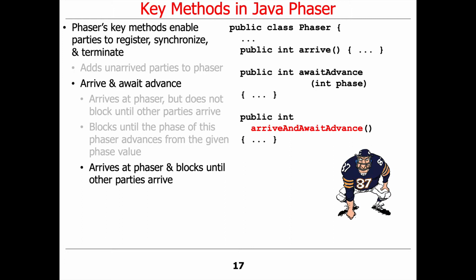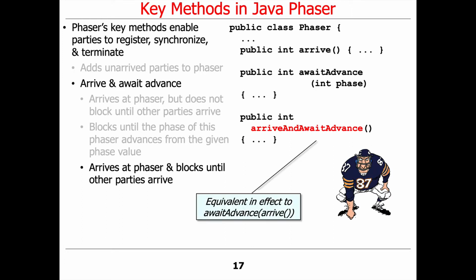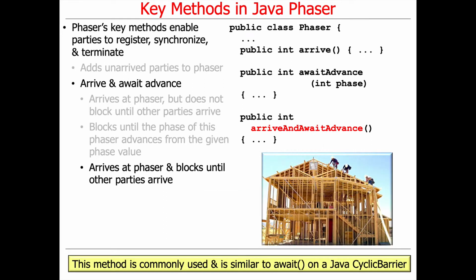This method arrives at the phaser and blocks until the other parties arrive. It's equivalent in effect to await advance, with the arrive method being used to pass in the arrival number. This method is in fact commonly used and is very similar to await on a Java cyclic barrier. This would be an example where a bunch of roofers would show up and they wouldn't start to do their work until all the roofers who were expected had showed up for the job site.